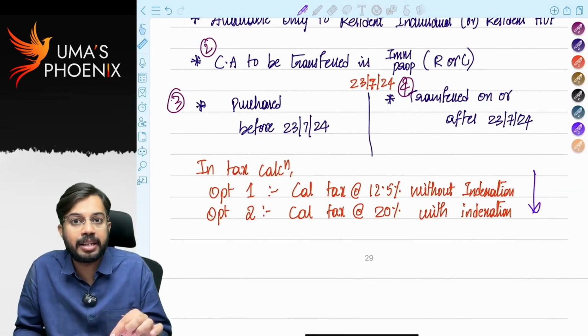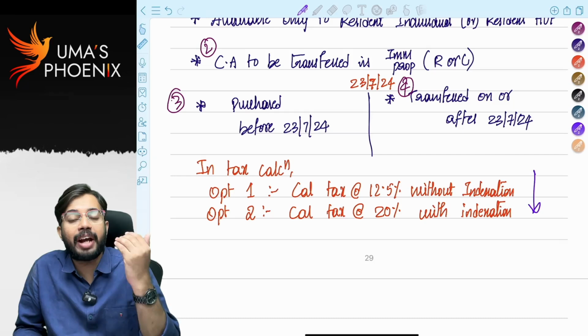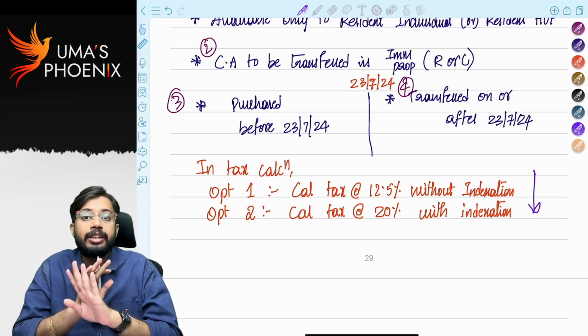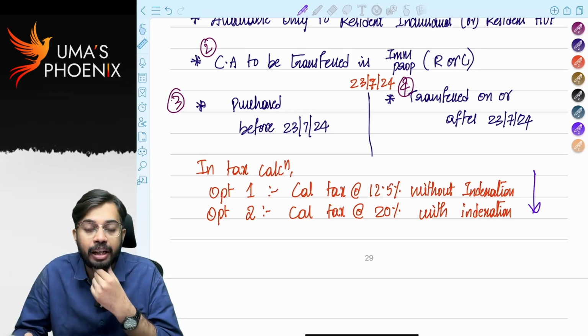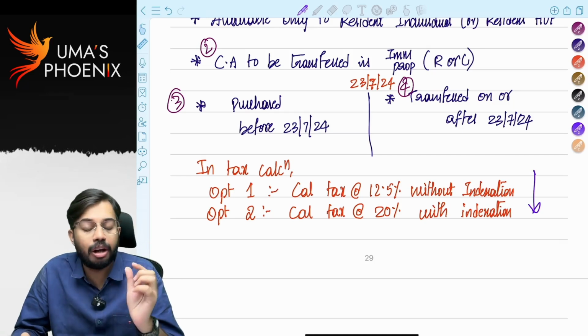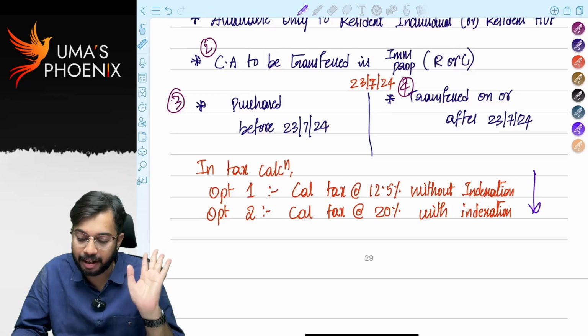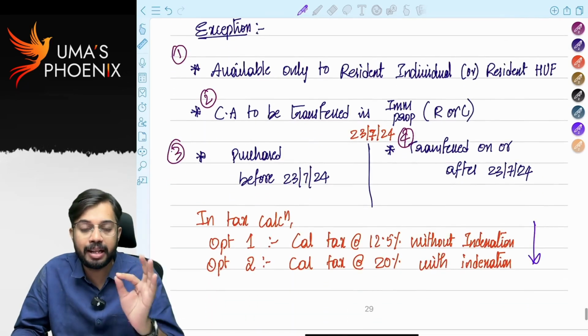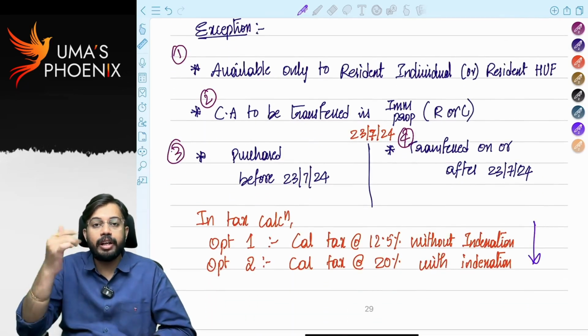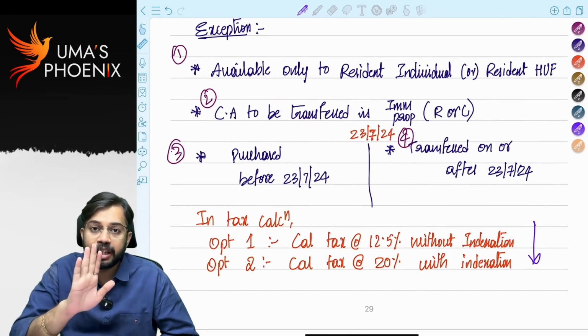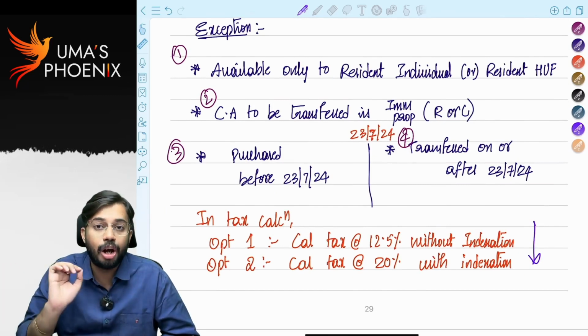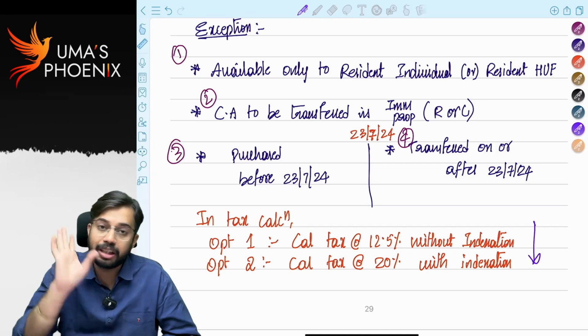See, this benefit is available only at the time of calculation of tax. The benefit is not available at the time of calculation of capital gain. You will not understand my statement yet. Let us do one problem, then you will get clarity. Once again, let me revise very quickly. On or after 23rd July 2024, indexation benefit is not available for long-term capital asset except in one situation.